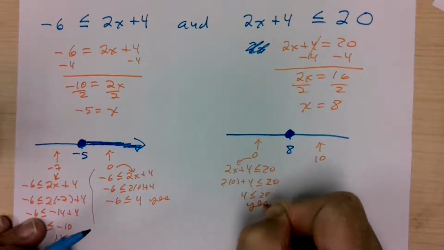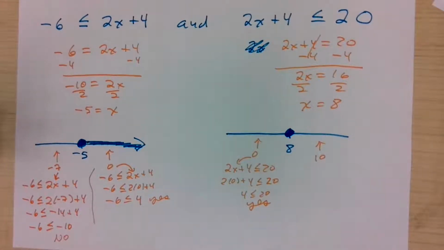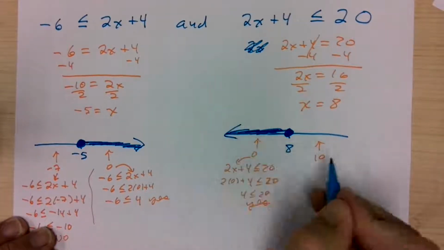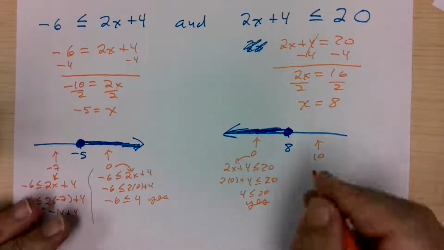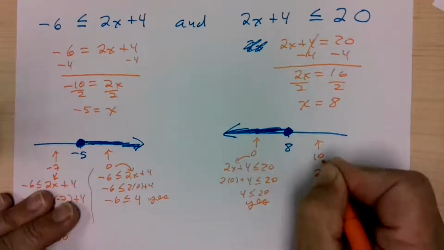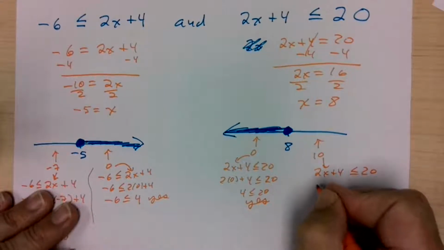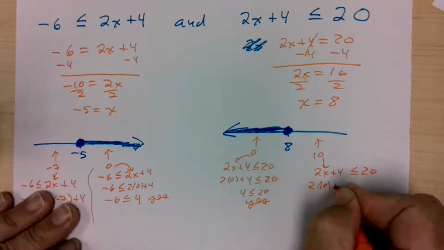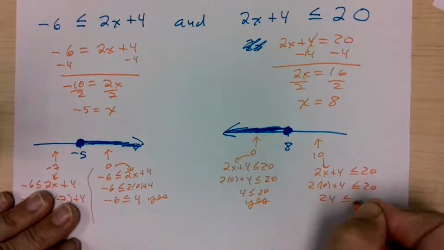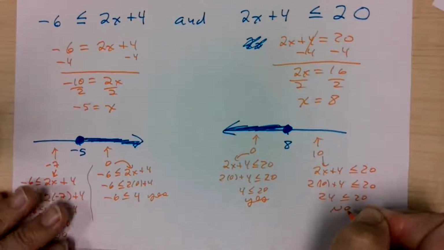That's a yes. So we'll shade to the left. Over here, plugging in 10, 2 times 10 plus 4 less than or equal to 20. 24 less than or equal to 20. That's no.